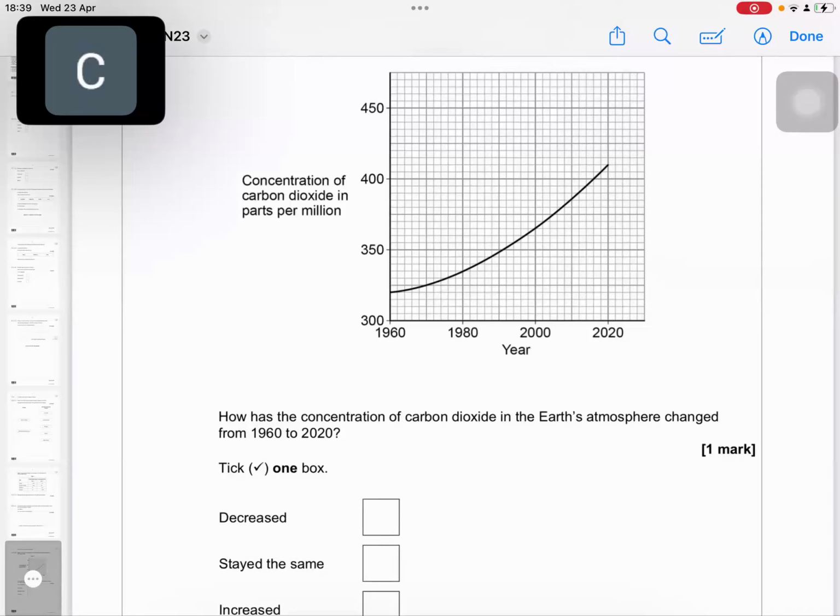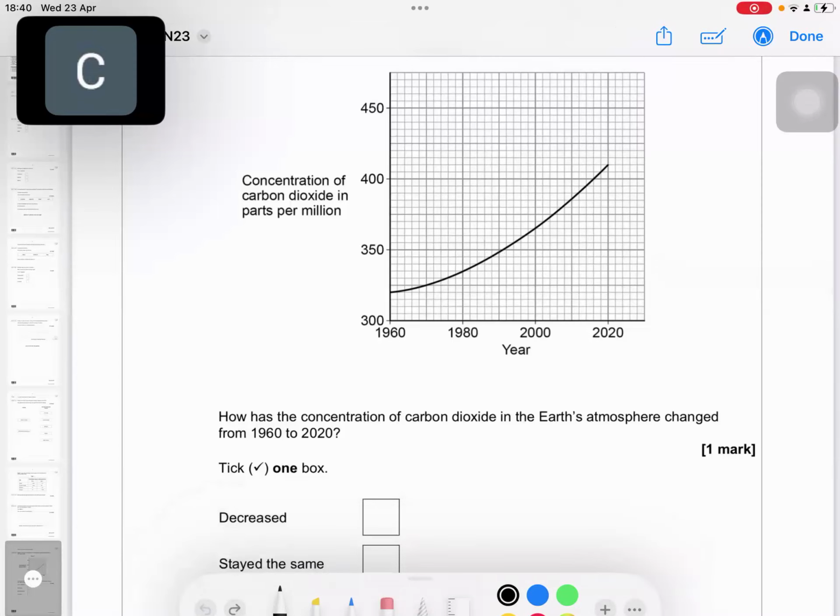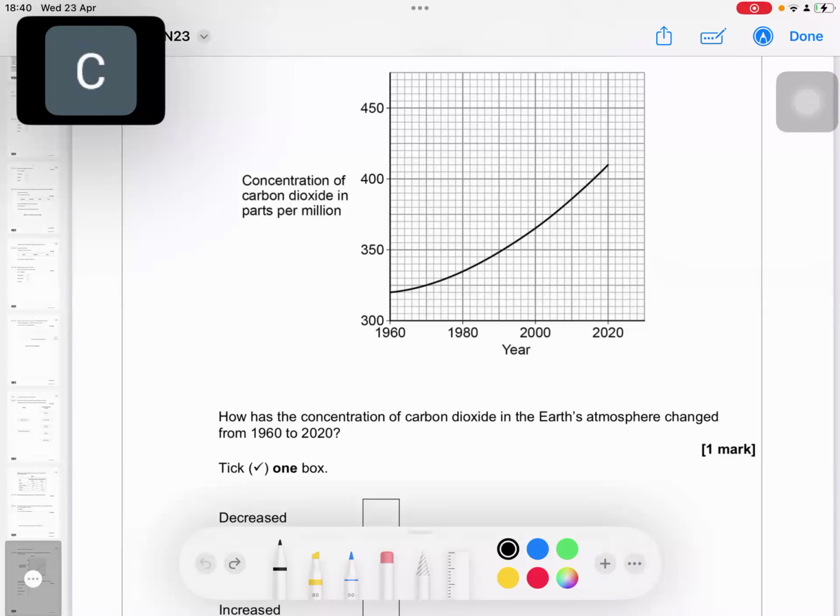Okay. All right. So can you annotate? Just show me how you think the graph would look if it was decreasing. So we have established that it's increasing. Oh, nice, yes, correct. Okay, then what would happen if it stayed the same?